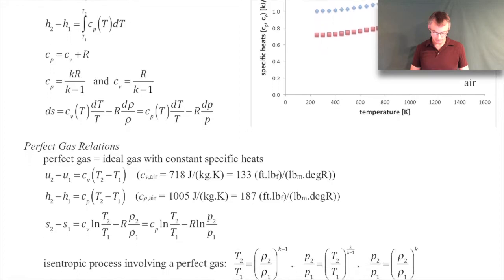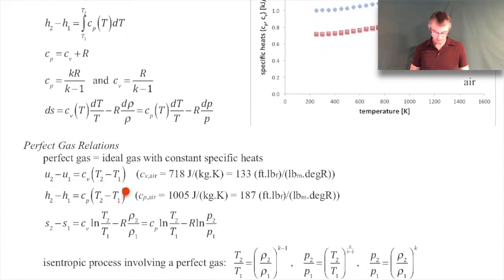Similarly, you can do the same thing for the specific enthalpy, and then also the expression we had for the change in specific entropy, you can actually integrate that one and you get these expressions here. So those are perfect gas relations. Again, that's an ideal gas with constant specific heats, a perfectly reasonable assumption when you're dealing with small temperature changes.